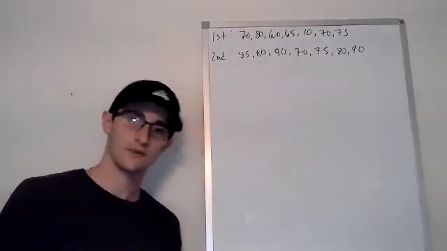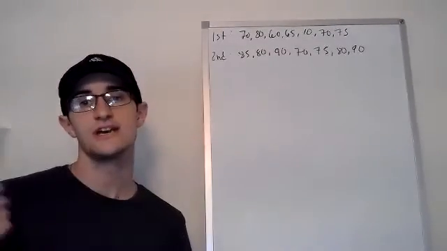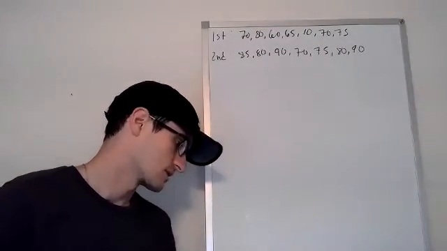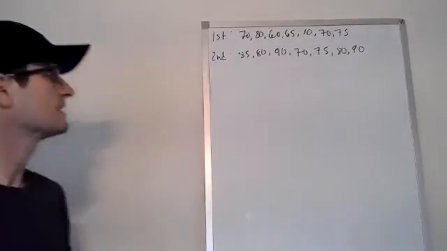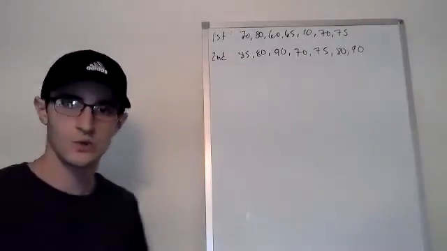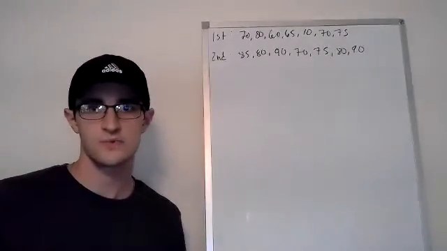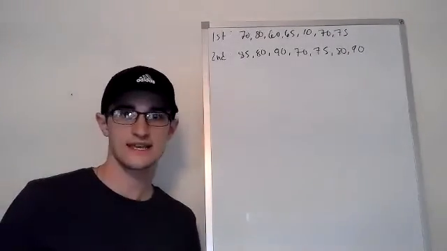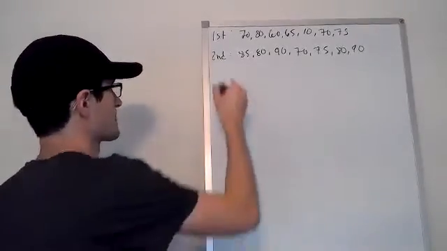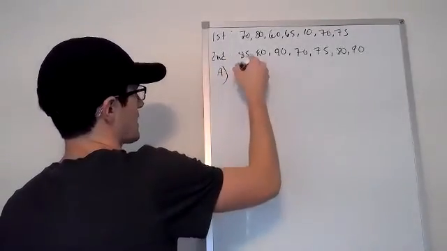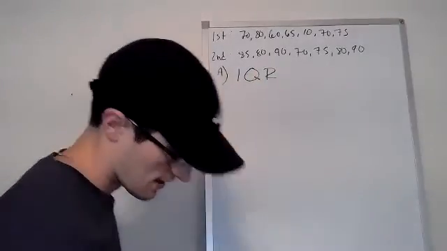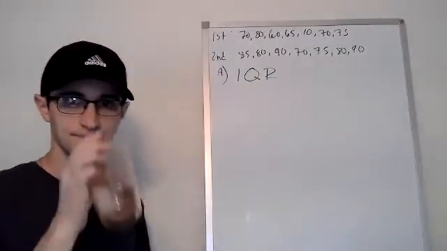If we have an outlier, we're going to use interquartile range. If we don't, we're going to use the MAD. Okay. I see one pretty immediately. This 10 pops out. It's not a very consistent score that she's getting. So I'm going to assume that's in this data set, that's going to be our outlier. So that means for part A, we're going to use the IQR. We've decided we're going to use the IQR.